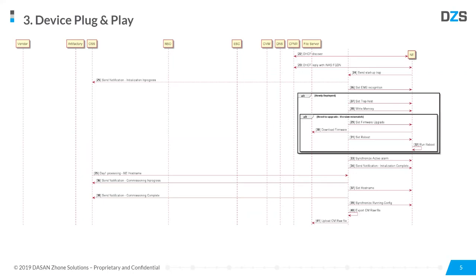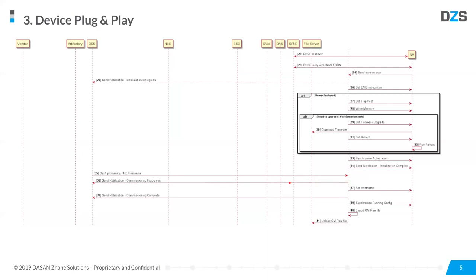Then the OSS receives that the initialization is completed. The OSS will assign the host name to the flow switch. So the OSS sends the host name of the flow switch to the INAS, and INAS will send another notification to the OSS. Yes, this is commissioning. The commissioning is started and commissioning is in progress.